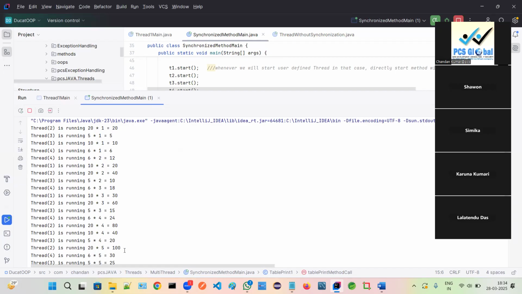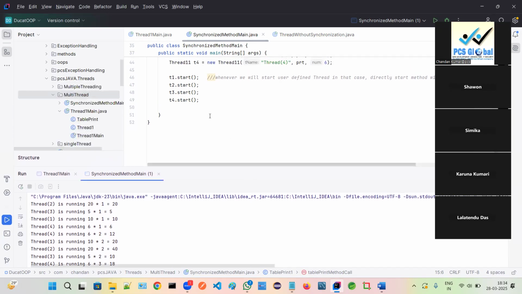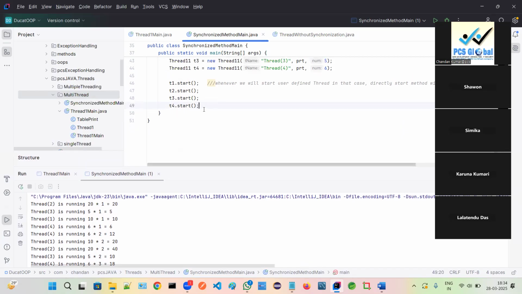Why? Because multiple threads are executing at the same time and printing their own table. So to avoid this kind of data inconsistency, we are using a very good concept or mechanism. That mechanism is the synchronization concept.